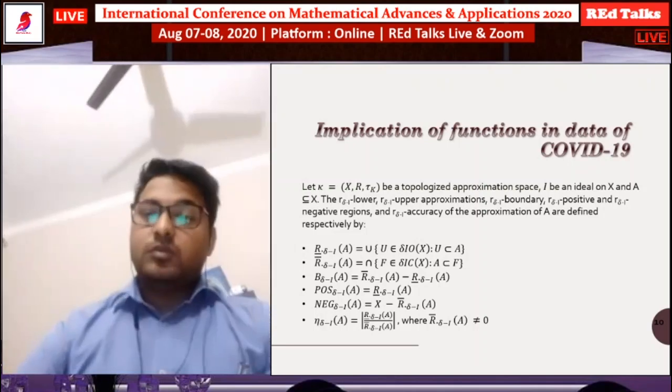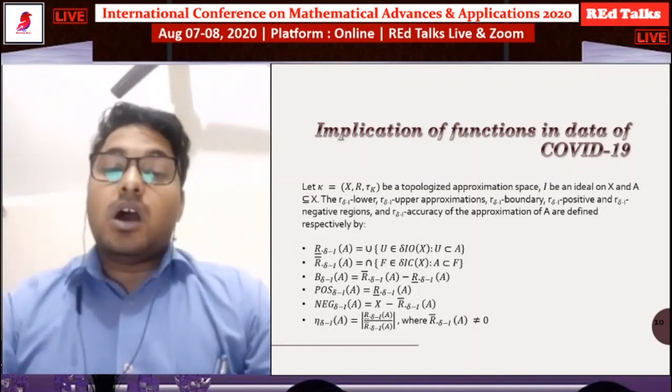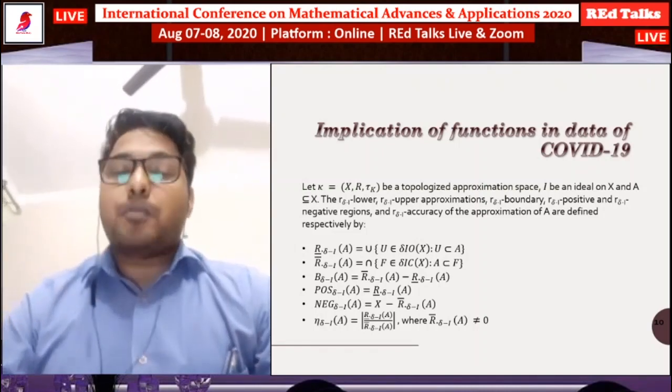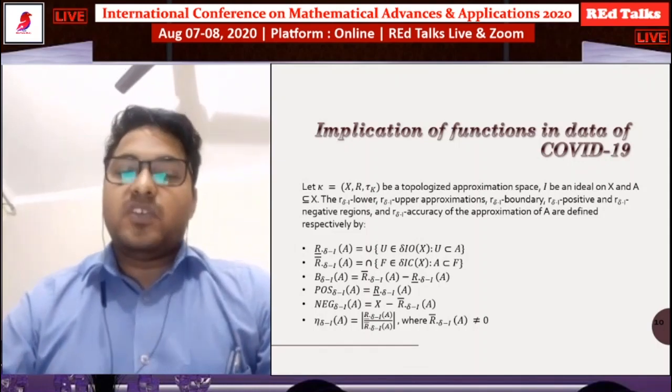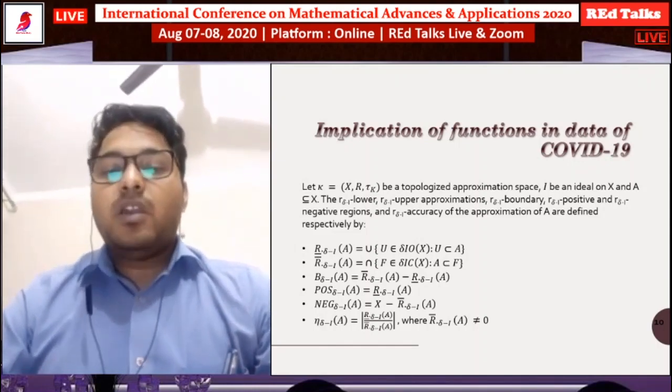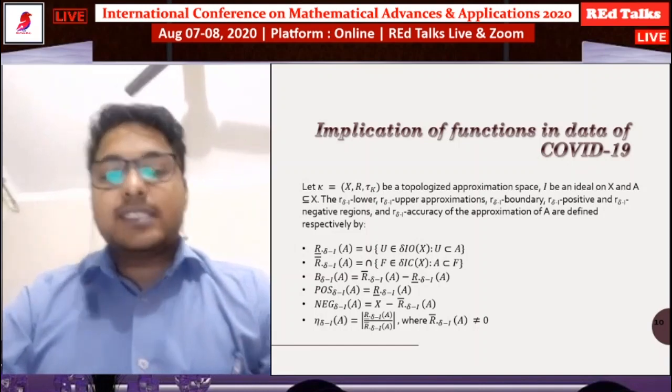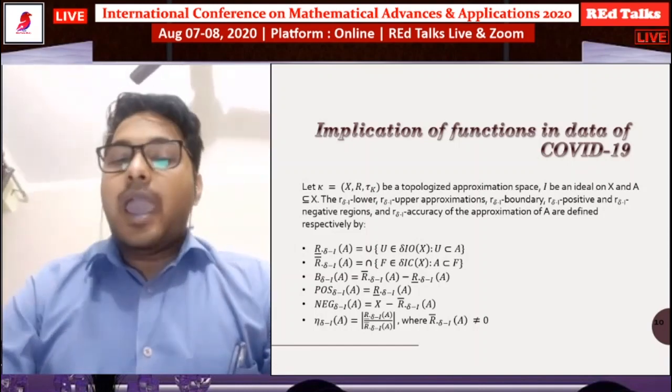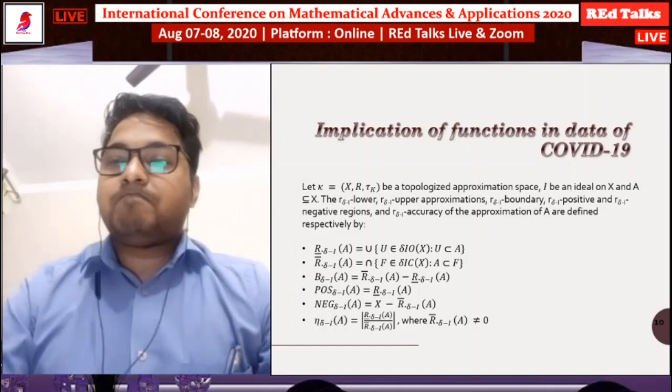So we should consider a topologized approximation space, which is basically a triplet containing a non-empty set X, a relation R, and a topology tau.